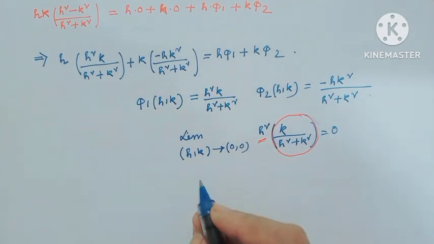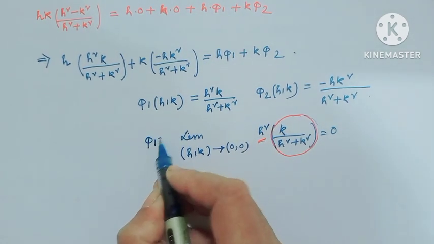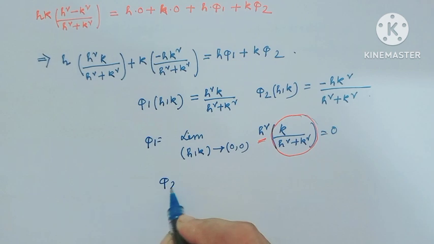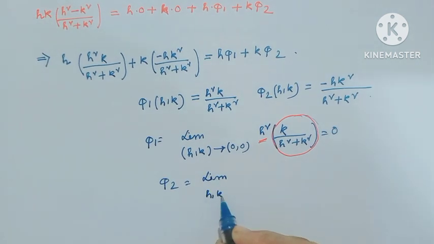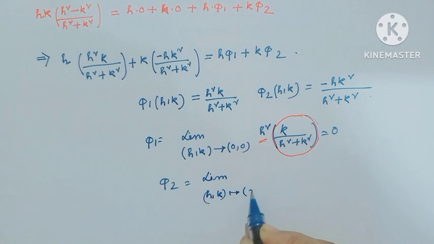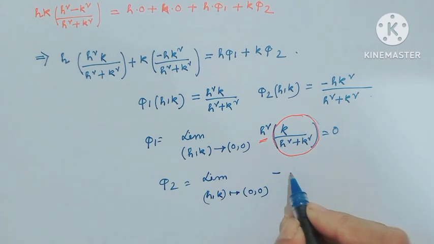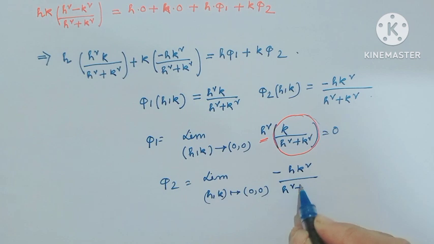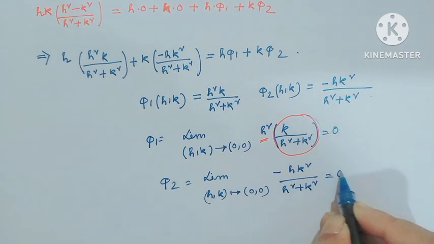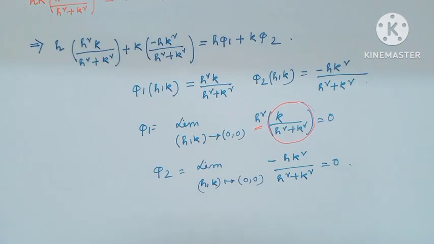Similarly, φ2 is the limit as (a, k) goes to (0, 0) of −a k²/(a² + k²), and this value is also equal to 0. So φ2(a, k) also equals 0.